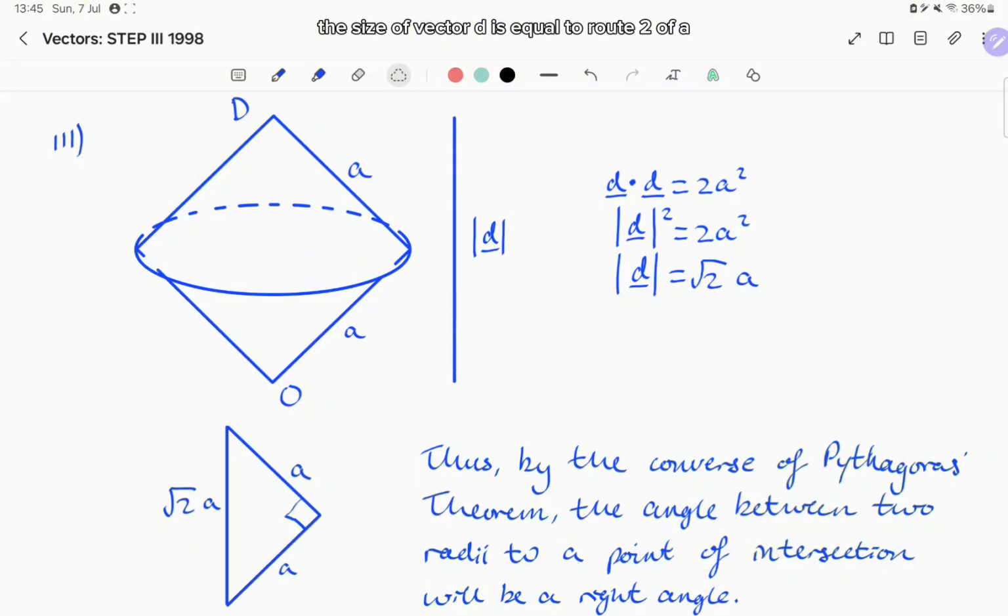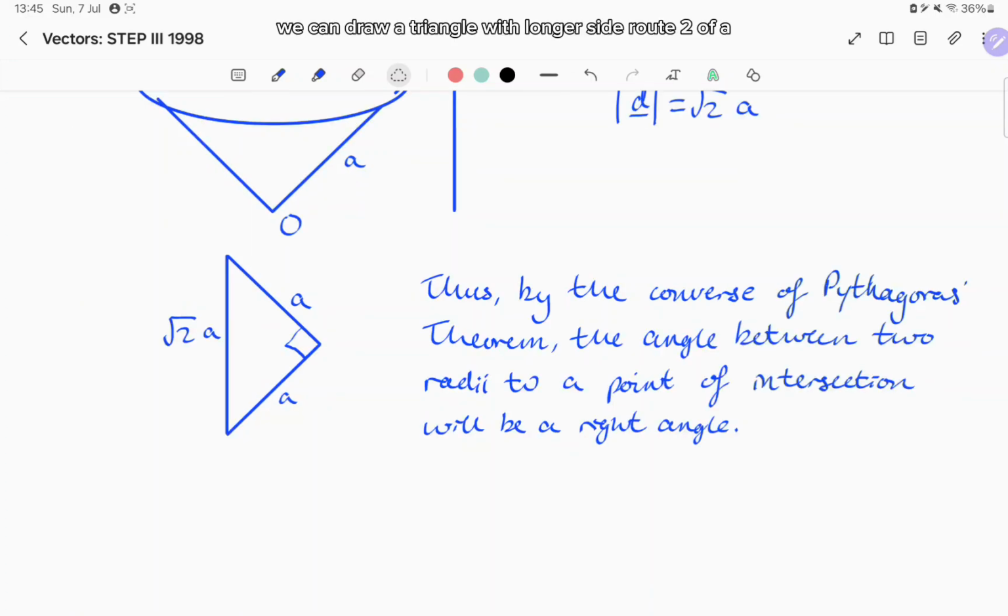The size of vector d is equal to root 2 of a, as shown on the right. Therefore, we can draw a triangle with longest side root 2 of a and shorter sides a. Thus, by the converse of Pythagoras' theorem, the angle between the two radii to a point of intersection will be a right angle, as a² plus a² is 2a².